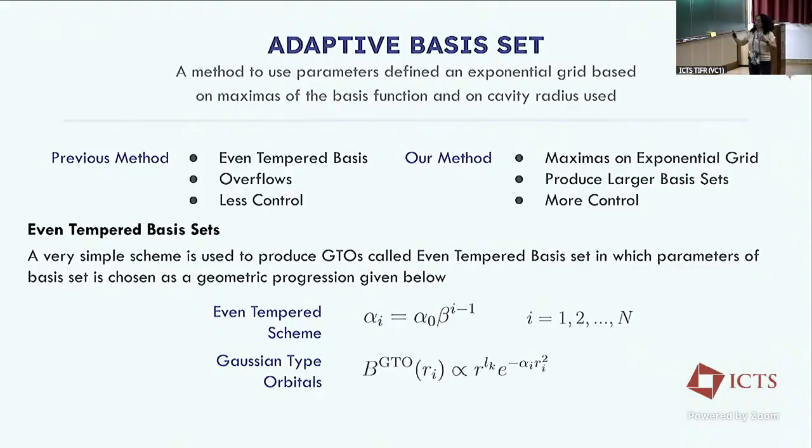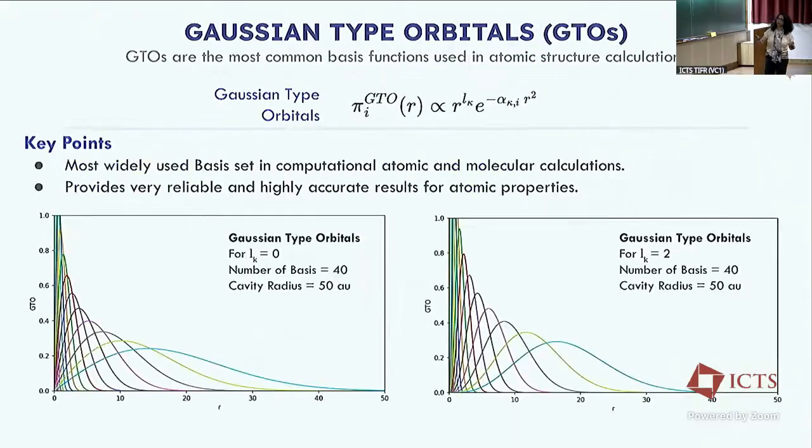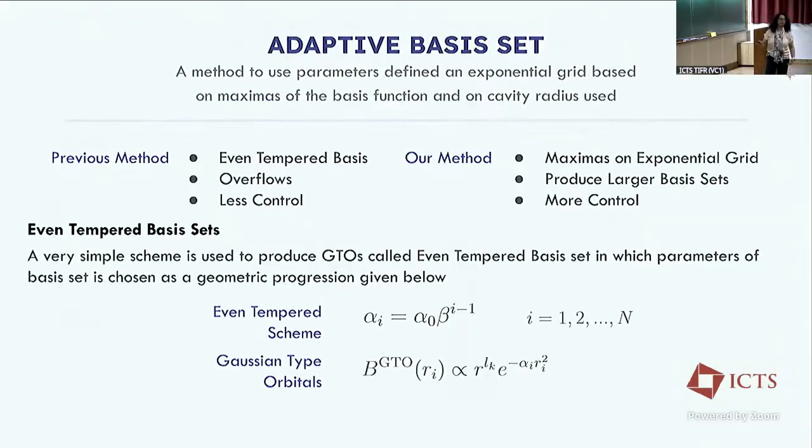So in order to have an optimally distributed Gaussian set, what we also integrated in the infrastructure was that we tried to build an adaptive basis set. The Gaussian type orbitals used in literature are called even-tempered bases, because the parameter alpha, which is used in the Gaussian function, is chosen to be a geometric progression.